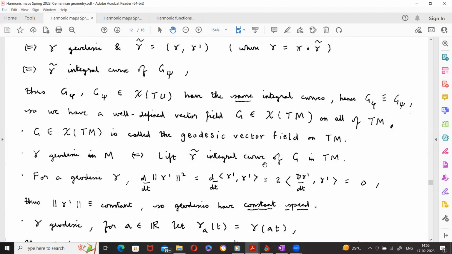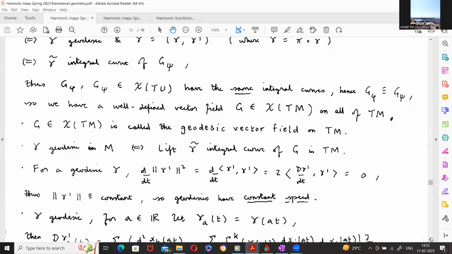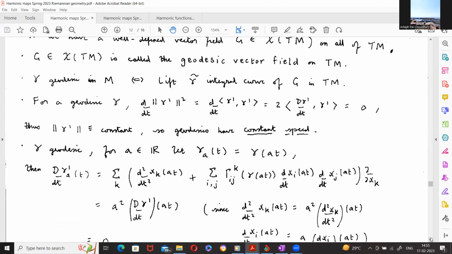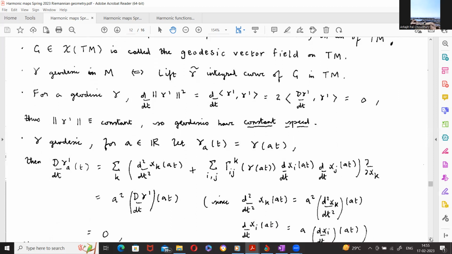You take an integral curve of the geodesic vector field in TM and then project it down to M. That will give you a geodesic in M. Is this clear? Yes? Okay.